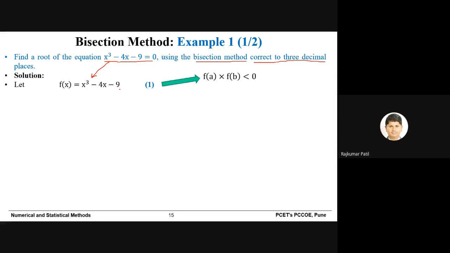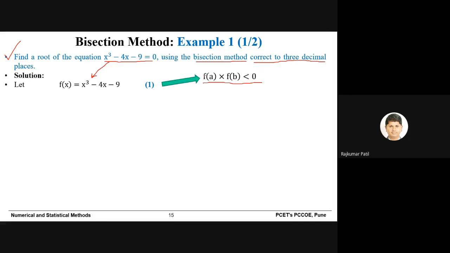Then in the problem, the initial approximate values are not given to you, and you have to find the values of a and b, that is the initial approximations, such that f of a into f of b will be less than 0. So how to start? Because we have minus infinity to plus infinity, so an infinite number of values are there.